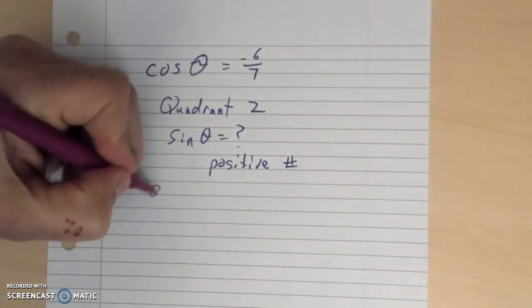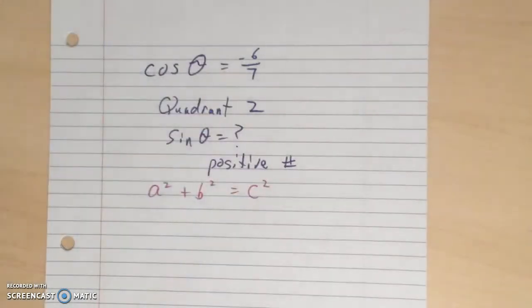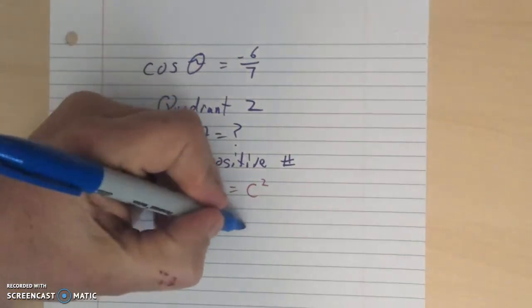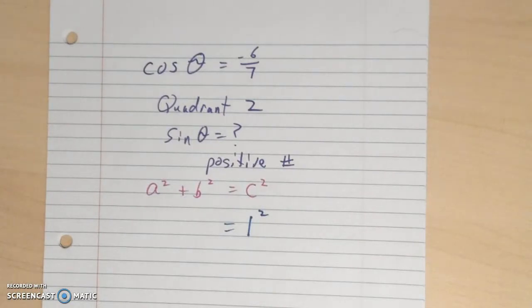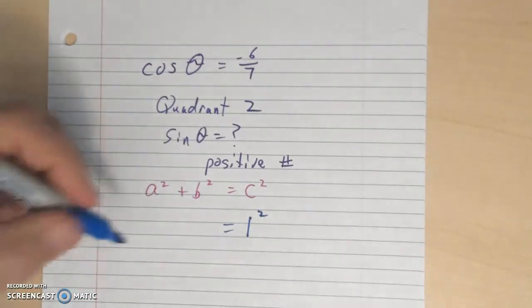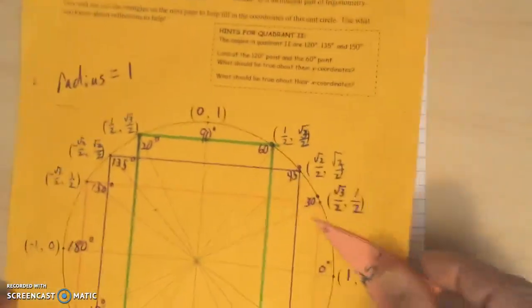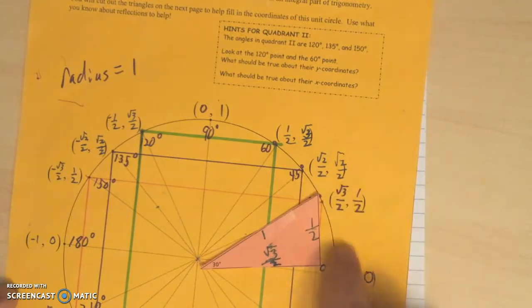And the Pythagorean theorem was a squared plus b squared equals c squared. Well, the nice thing about all this is our hypotenuse c is going to be 1. We can go ahead and square 1. Now, the a is going to be like the length. We can call that this leg, and the b would be this leg.